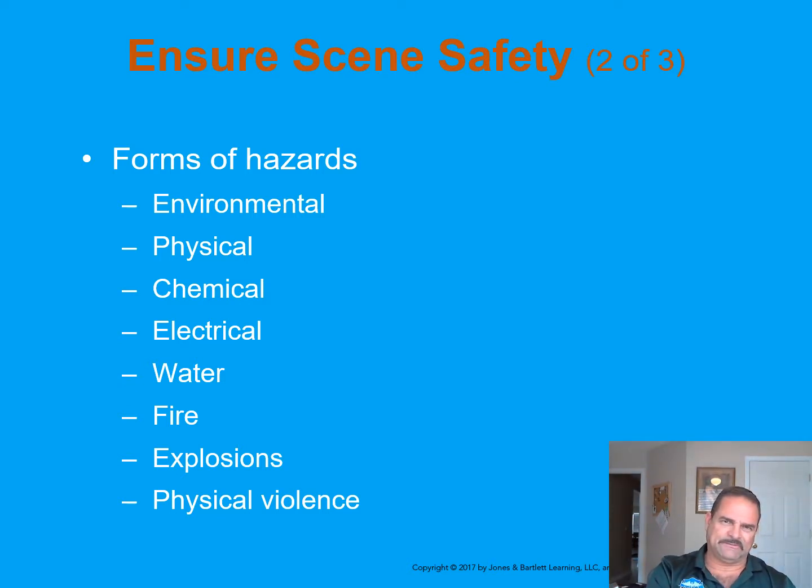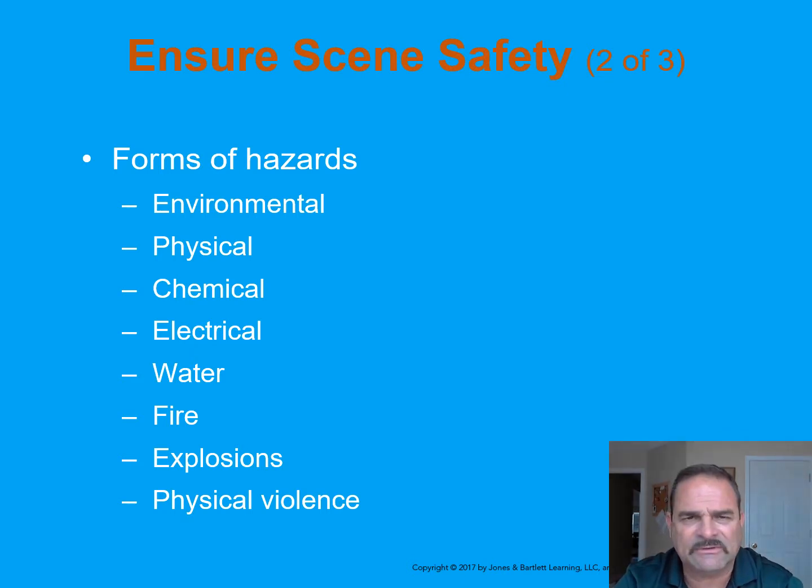All right, so to specifically ensure safety, we're talking about forms of hazards, starting with the environment itself. Is there anything that's fire or electrical? Is there lightning? What could be a potential hazard from the environment? Physical: is there somebody standing there with a baseball bat? That's never a good plan.